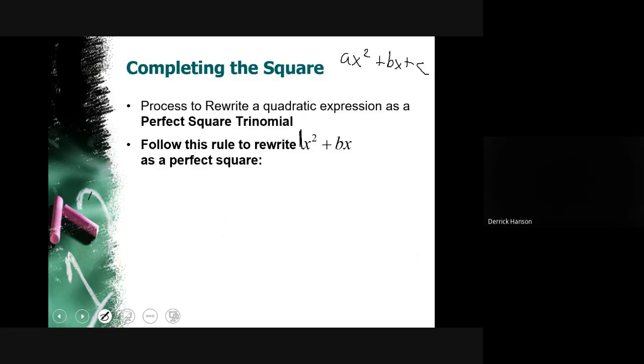Now, assuming all of that is true, the way this works is pretty straightforward. Take your x squared plus bx. You are going to add b over 2 squared to it.